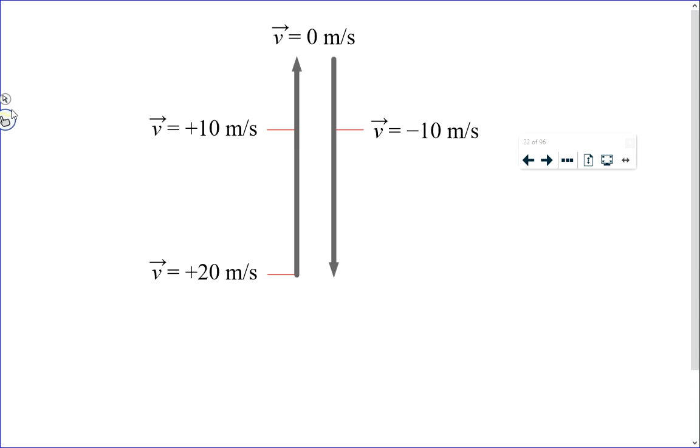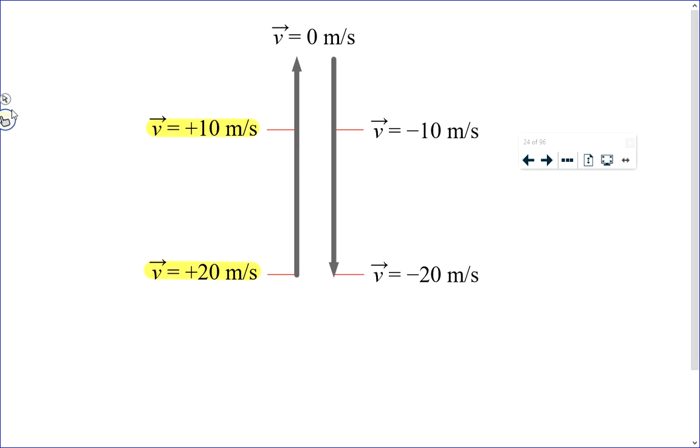After it stops, it has to change direction, which means at some point in time, it's going to be traveling down at 10 meters per second and then continue to speed up in that downward direction. So its velocity later will be negative 20. And for later, it might be useful to note that when it's moving up at 10 meters per second, it's at the same height as when it's moving down at 10 meters per second.